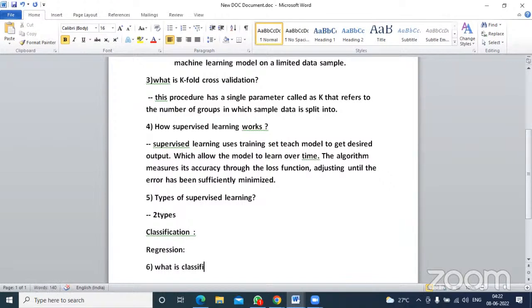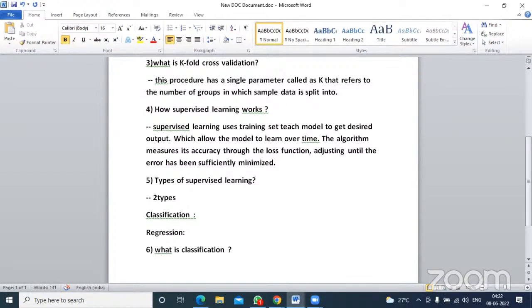We'll go step by step, so we'll get an overall idea about supervised learning.